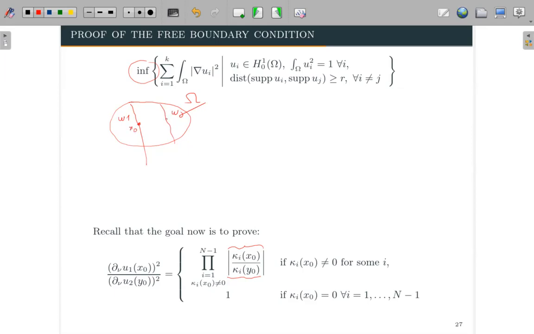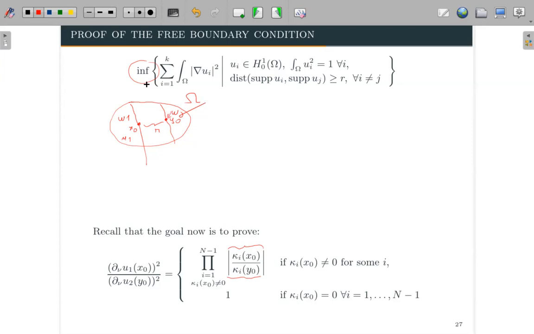I have here a point, y naught. This distance is r. And I want to prove that the way the first eigenfunction arrives at this boundary is connected to the way the other eigenfunction arrives at this point through this law, okay, where this comes from.